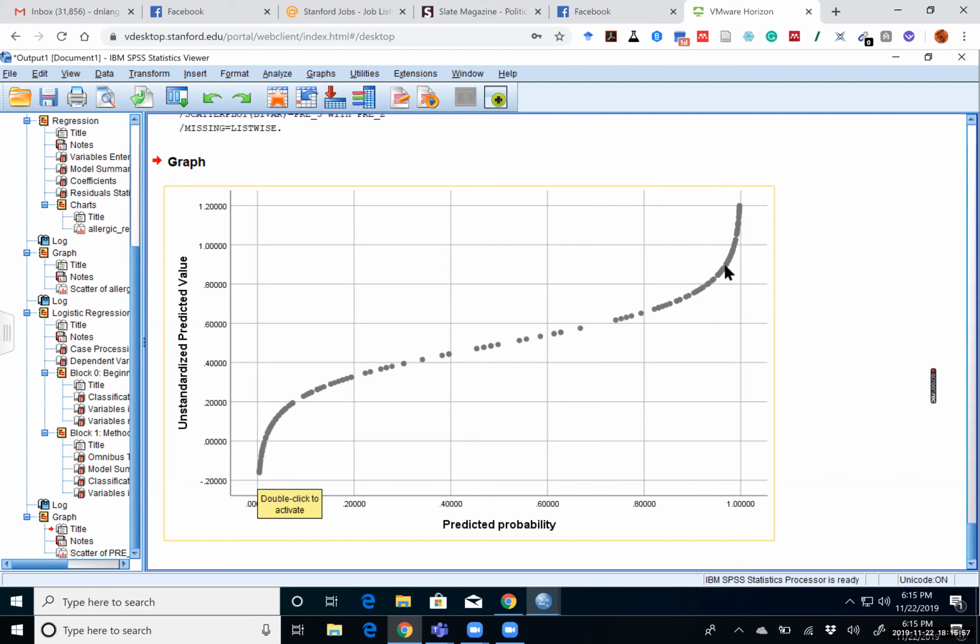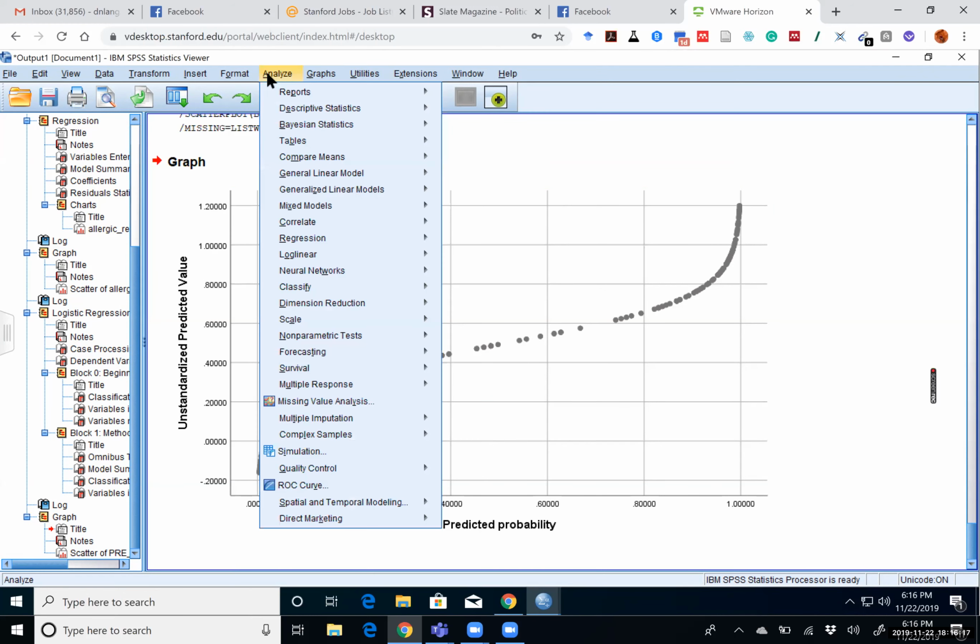But what happens with the logistic regression is you see everything is nicely bounded between 0 and 1, whereas in the linear probability model, extreme values can go negative, or they could go above 1, which is a little bit less interpretable. And again, this isn't a huge difference in this particular case.